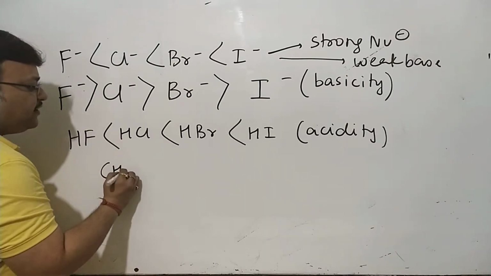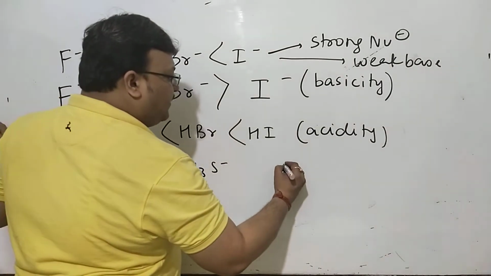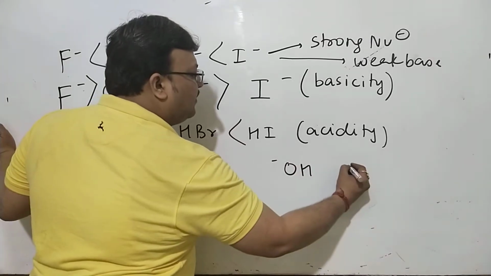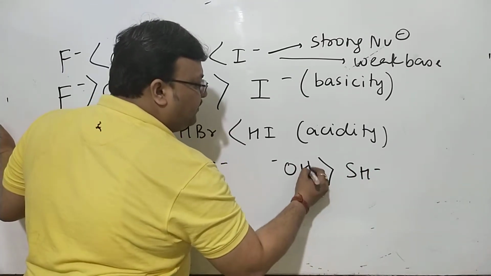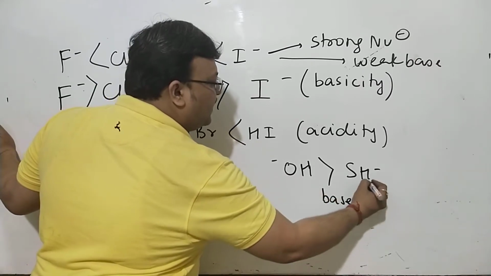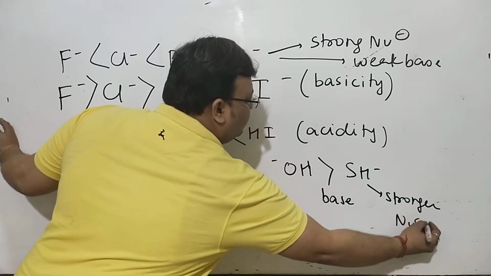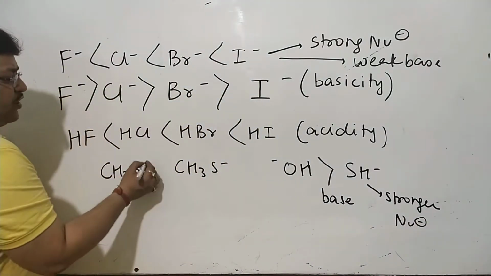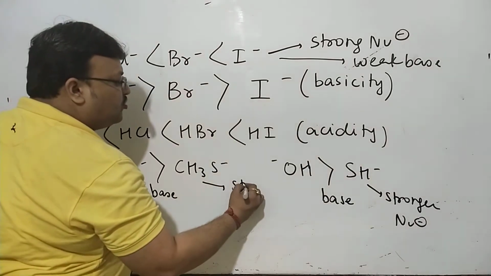So between CH3O minus and CH3S minus, between OH minus and SH minus, you'll see OH minus will be a stronger base, but SH minus will be a stronger nucleophile. Similarly, CH3O minus might be a stronger base, but CH3S minus will be a stronger nucleophile.